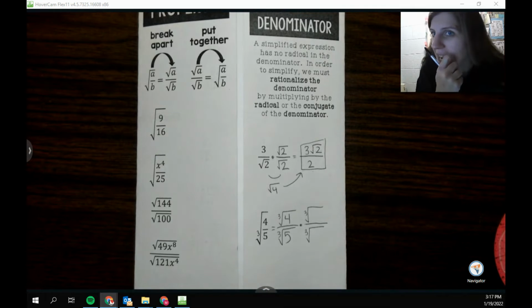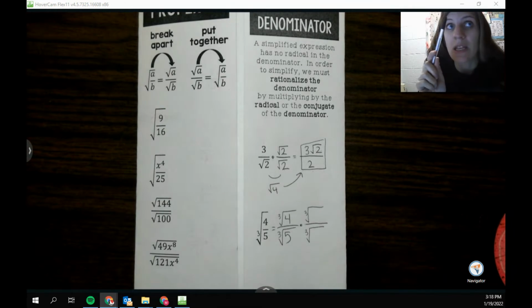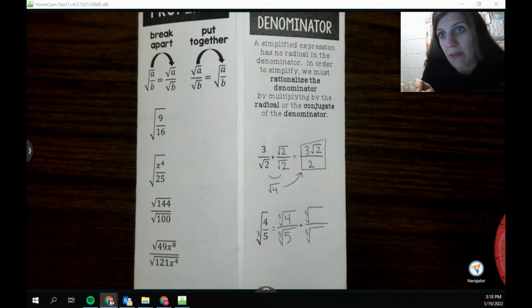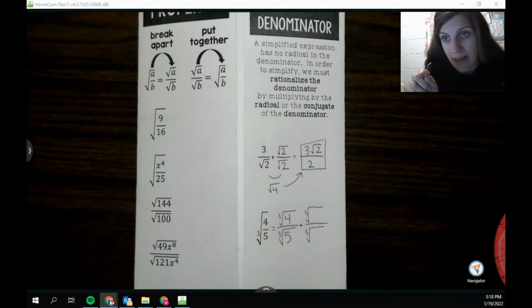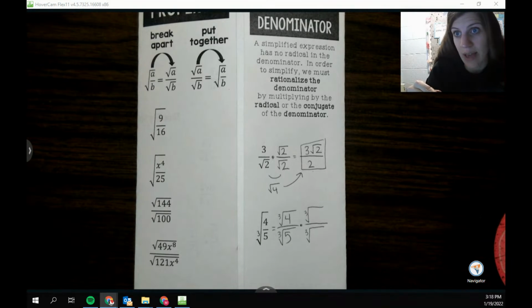And to be honest, I didn't come up with 25 first. So like 25, because 25 times 5 is 125. And the cube root of 125 is 5. Okay. I didn't think of it that way though. What I know about a cube root is that I want groups of 3. Because if I have a group of 3, then I can take it out.